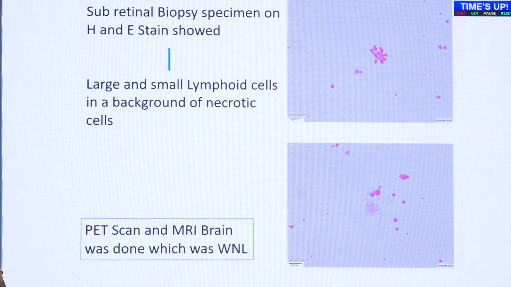But because he had already undergone a vitrectomy at some other center and being treated for a fungal endophthalmitis, this was a repeat subretinal biopsy which was performed by me, where I collected this sample of the subretinal deposit, and this was then subjected to various tests, and this showed that this was in fact a patient of a B-cell lymphoma, and the patient was then subsequently evaluated with a PET scan and MRI brain.